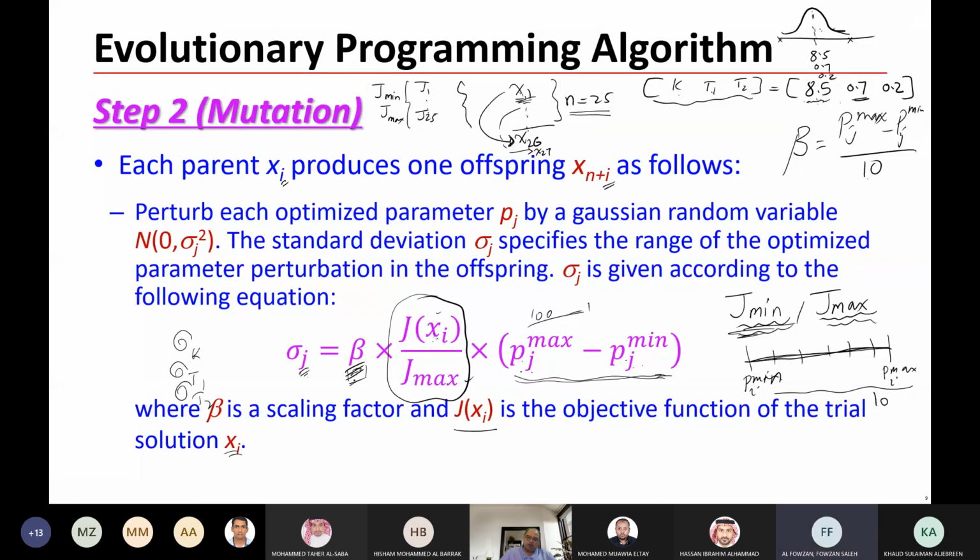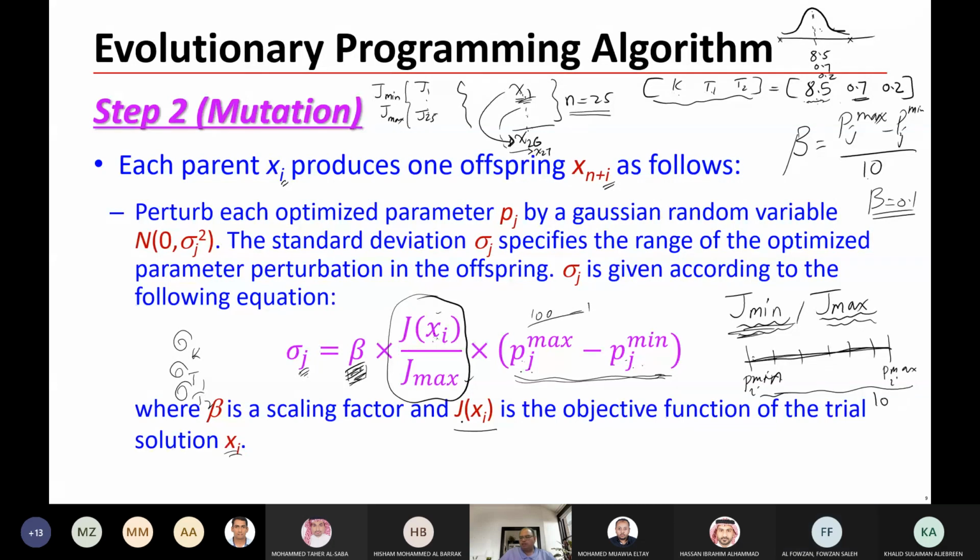Here, you assume that you select 10 intervals, or you divide your range for K or T1 or T2 by 10 intervals, right? For K, yes, it is 100 range over 10, so beta equals 0.1. Is it clear? So what is the implication of this?